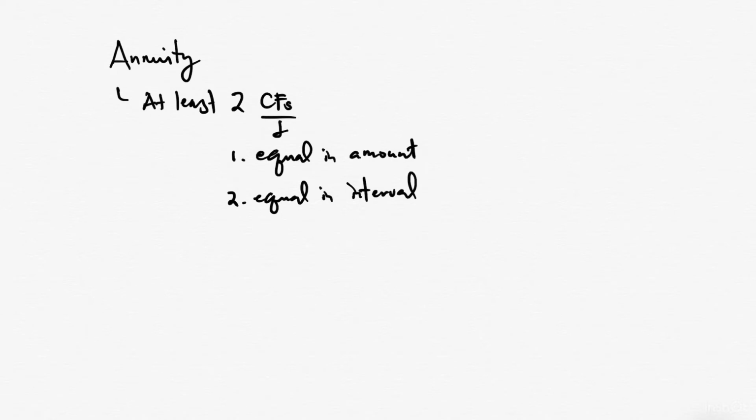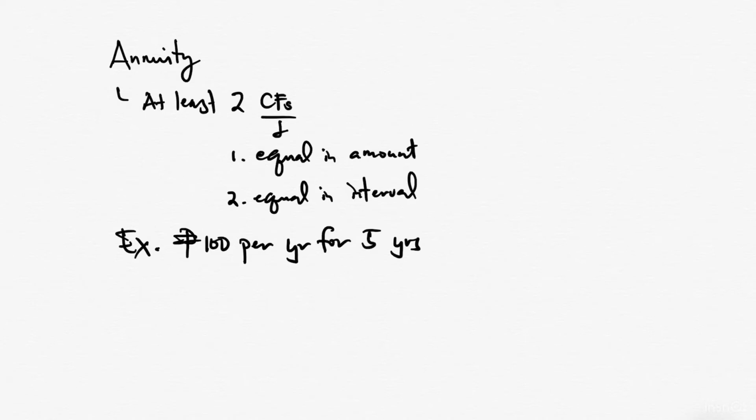So for example, you are receiving or you are paying 100 pesos per year for, let's say, 5 years. So if the setup is like this, 100 peso per year for 5 years, the cash flows are equal. Like it's 100 every time. And then it is also equal in interval because you will be getting it or you will be paying it, depending on the problem, every year.